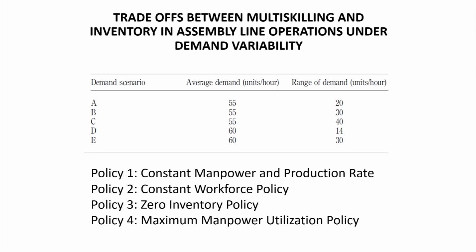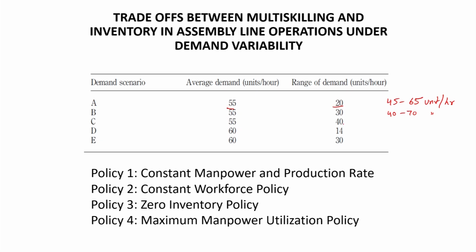We are taking 5 demand scenarios here. In scenario A, the average demand is 55 units and the range is 20. That means the demand varies from 45 to 65 units per hour. Similarly, in the second scenario the mean demand is 55 and the range is 30, that means 40 to 70 units per hour.